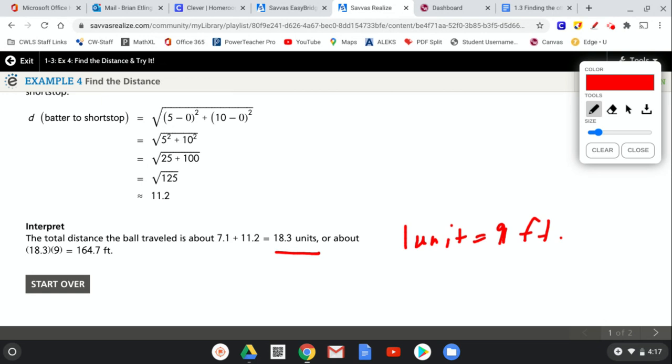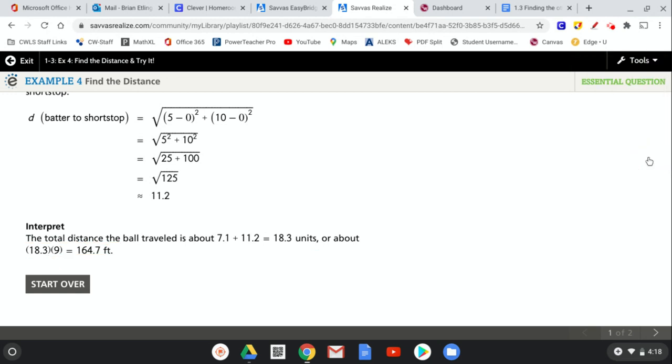All we're going to do is take 18.3 and multiply it by 9. That gives us 164.7. So they're just taking it a little bit further, guys. That's all we're doing here. Just want you to be aware of that.